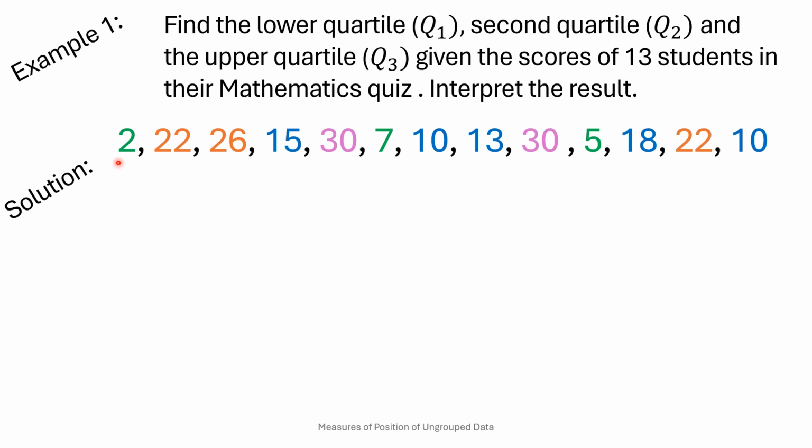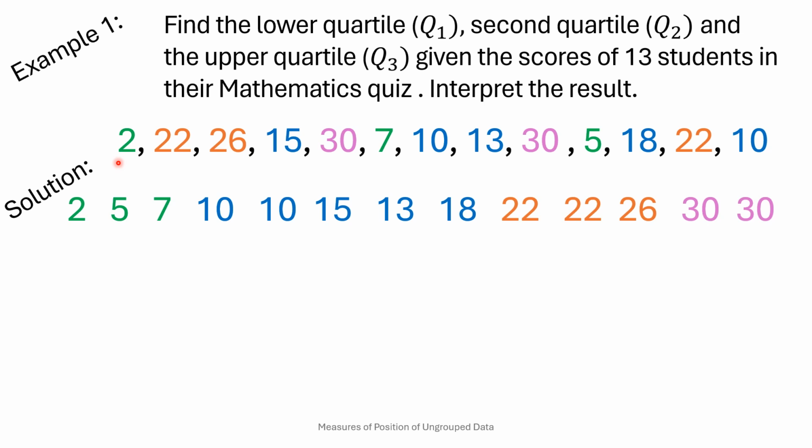For the solution, step 1, because we're going to apply linear interpolation, or if you're going to measure the position of a score in a certain distribution, it should be arranged into an array or in ascending order.